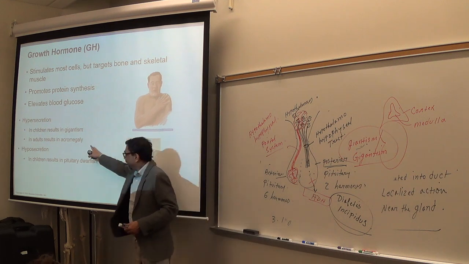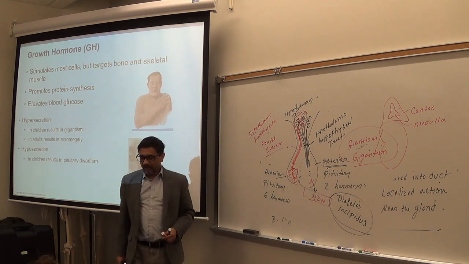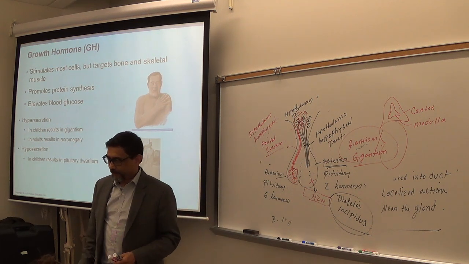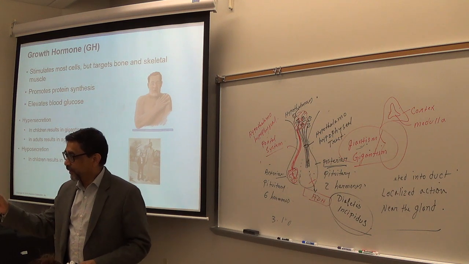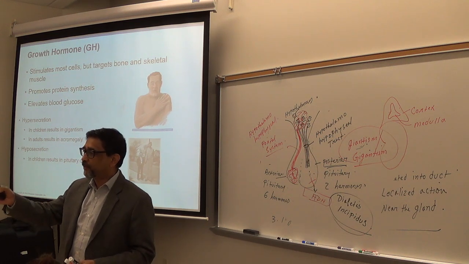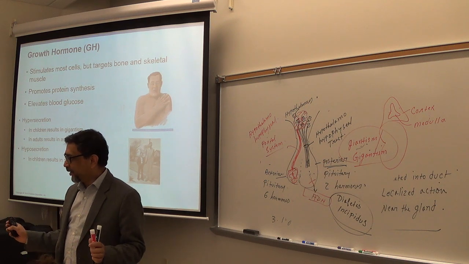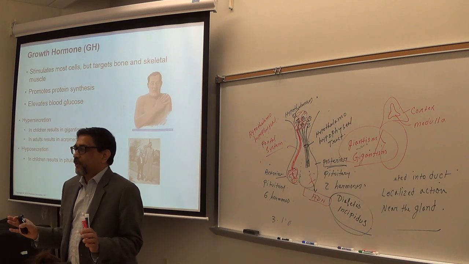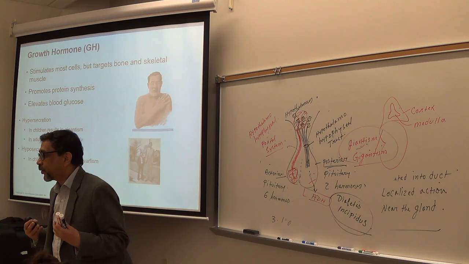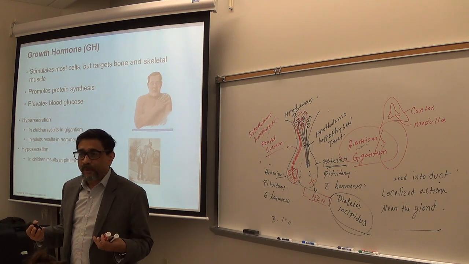Okay, acromegaly. If growth hormone secretion occurs during the growth of the body, that means early part of your life, then gigantism or giantism. Is it clear? Now, if that person's growth hormone secretion was normal during the growth of the body, the growth will be normal.